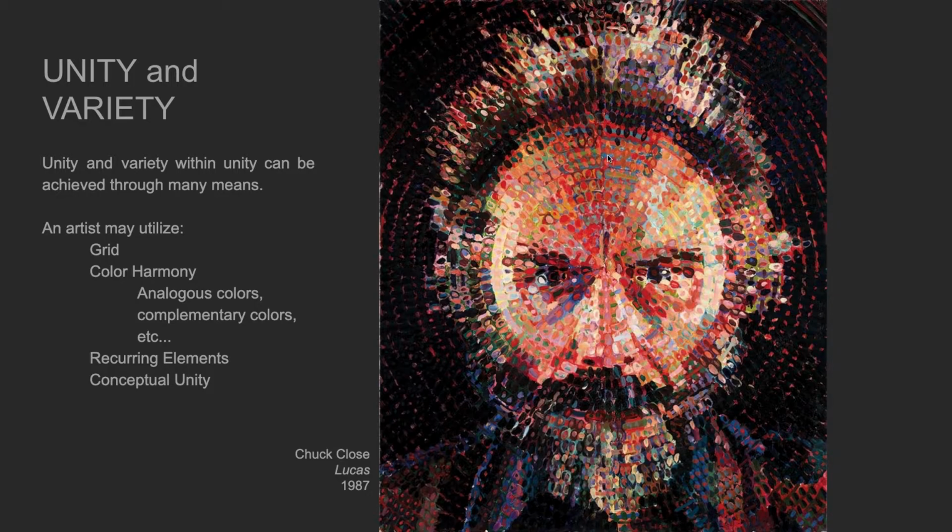Many of the grids or the squares are a different color than the ovals. That's all variety, but because of the way it's organized and because of the basic elements of the oval inside a grid, inside a squarish shape that's all about the same size, that is unified.